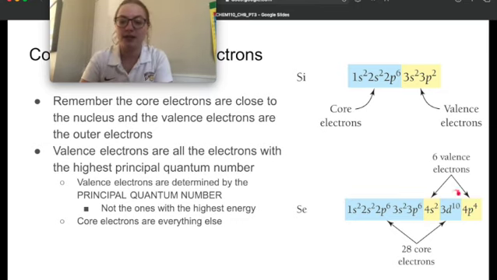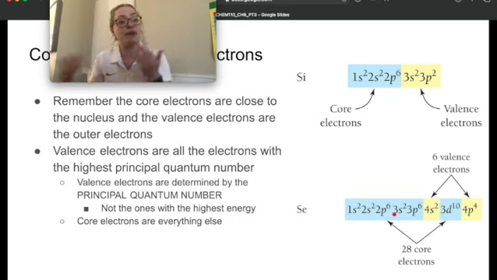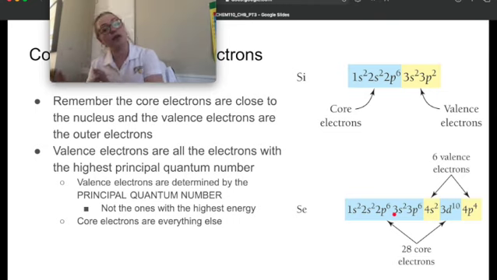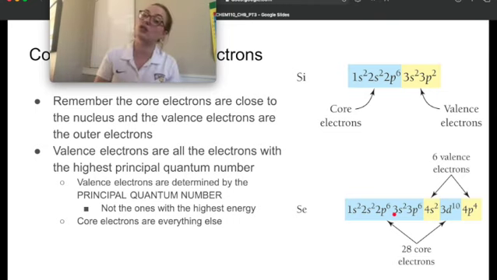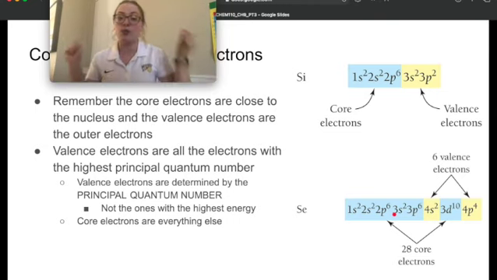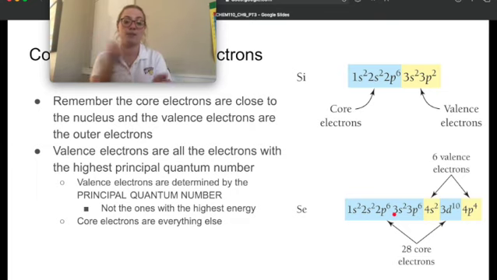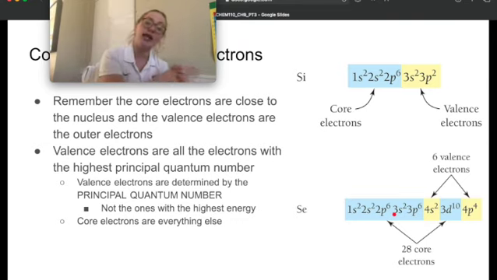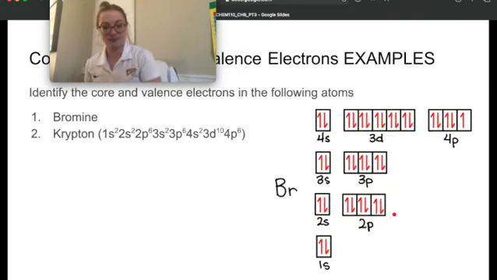Everything else highlighted here in blue are the core electrons. It doesn't matter that that 3d10 orbital has a little bit higher energy than that 4s2. We are not going by energy. We are going by principal quantum number only, okay? That principal quantum number tells us which electrons are valence and which electrons are core.